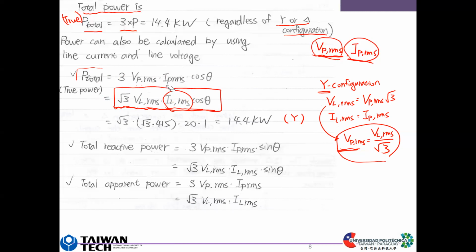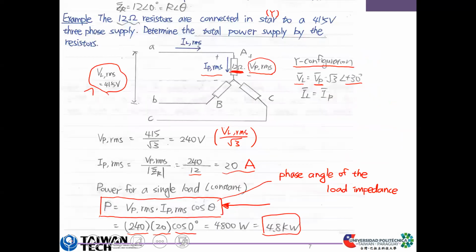Okay, we can double check. For the phase voltage we have 240, and the line voltage is 415. So we calculate the power in terms of line voltage and line current. Line voltage is 415, and line current equals phase current, which is 20.